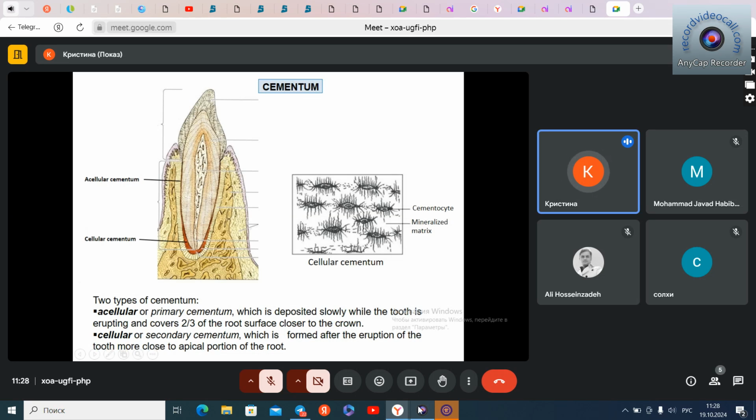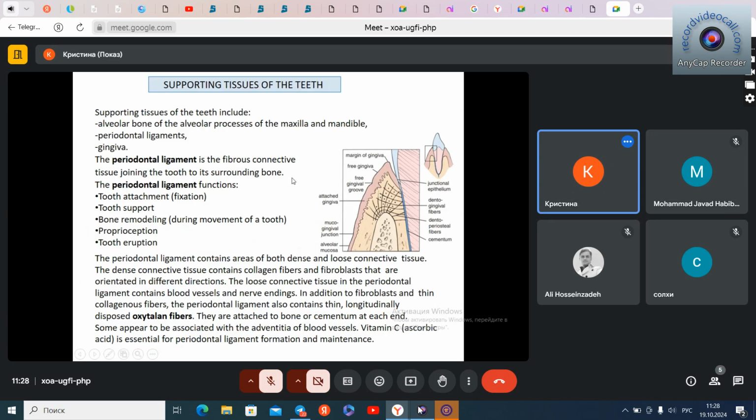The same is here. In the cellular cementum, we have cementocytes embedded into the hard extracellular matrix of the cementum. They are located inside lacunae. Their processes go inside the canaliculi to gain the nutrition. And this is in the lower part of the cementum.